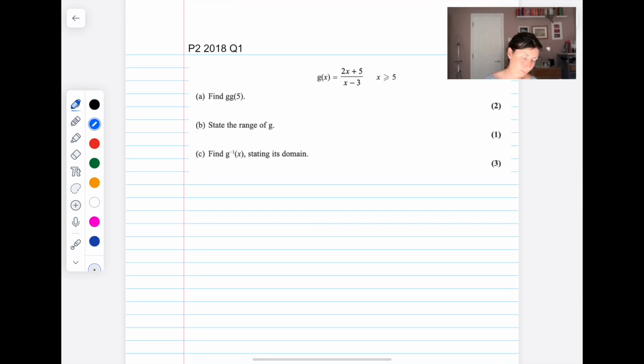Last question. g of 5. Let's work out g of 5 first. 10 plus 5 over 2. 15 over 2. And then we need to do g of that.